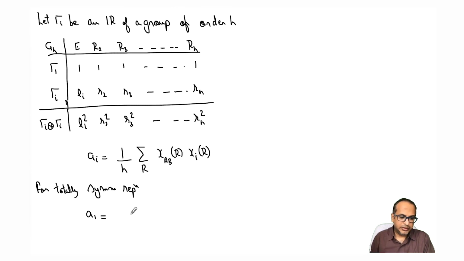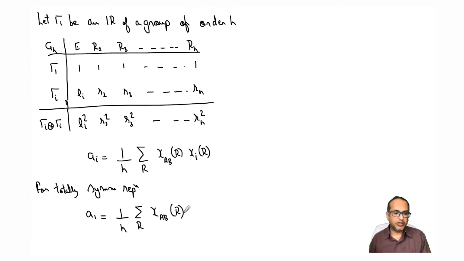So A1 is equal to 1 over h summation over all R of chi AB of R, and the character of the totally symmetric representation under any symmetry operation is actually 1, so that factor is not to be written, because it will always be 1 for all R.